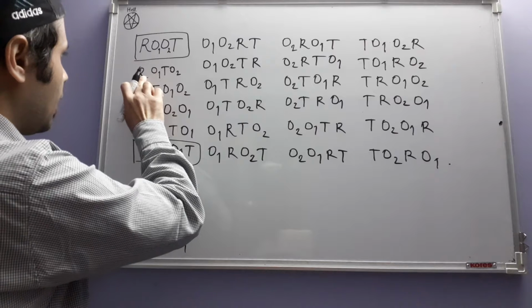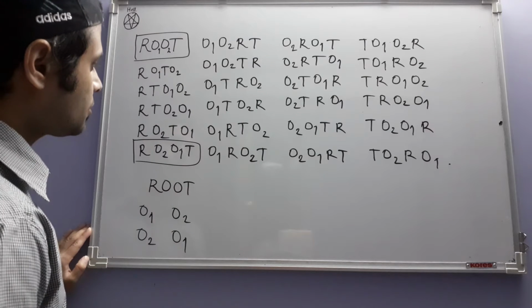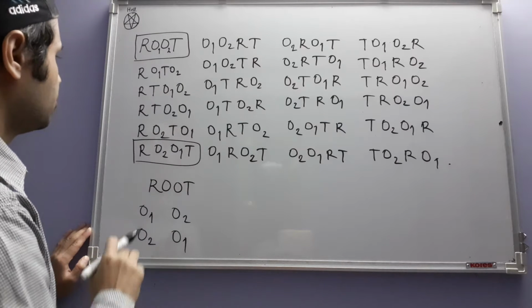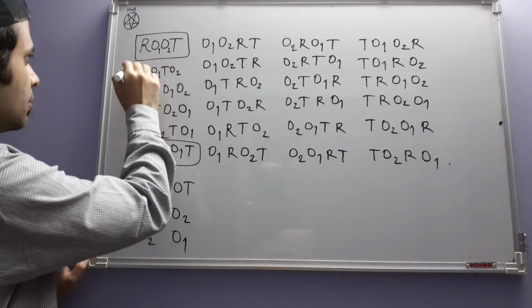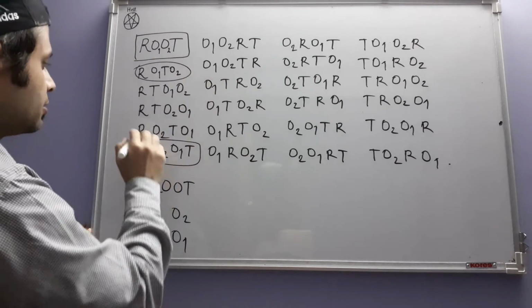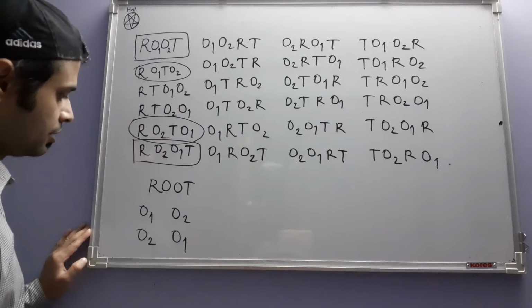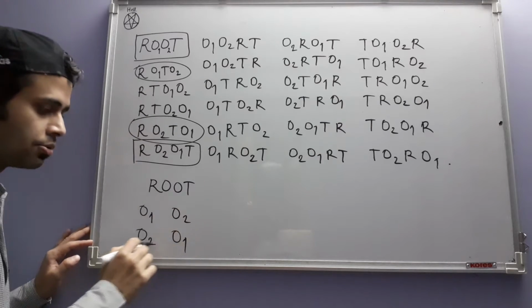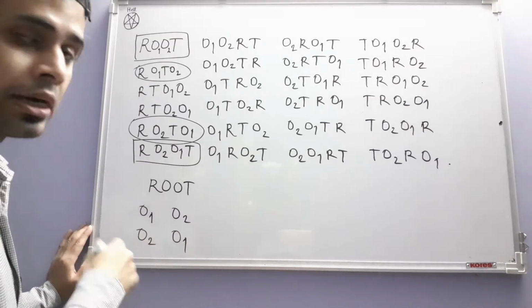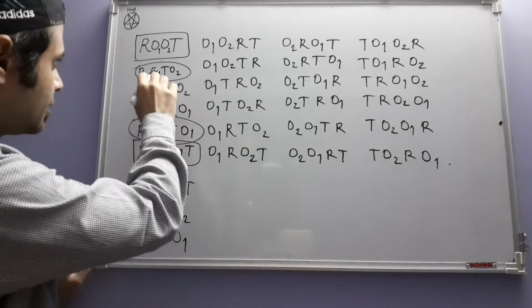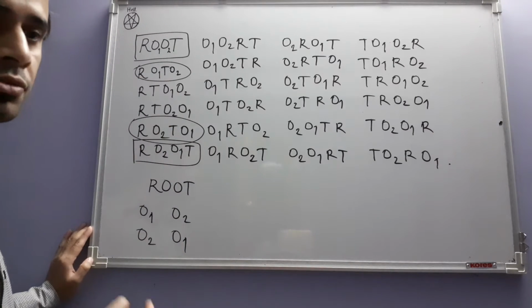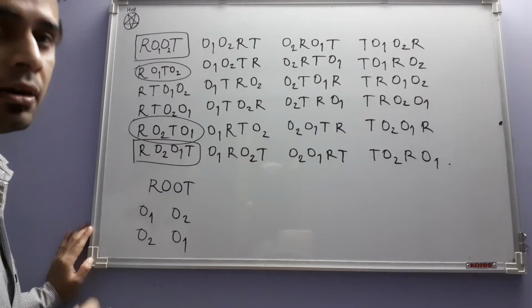We can check this with other permutations. You see, ROTO. Now somewhere ROTO is again appearing: R O1 T, R O2 T. So instead of writing O1, O2, I am writing O2, O1 also. So that gives me twice the number of permutations that we should have.